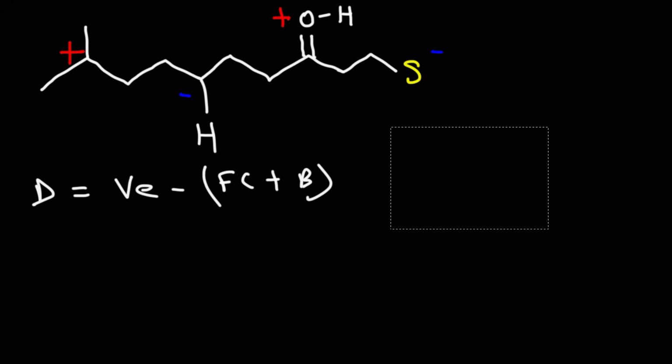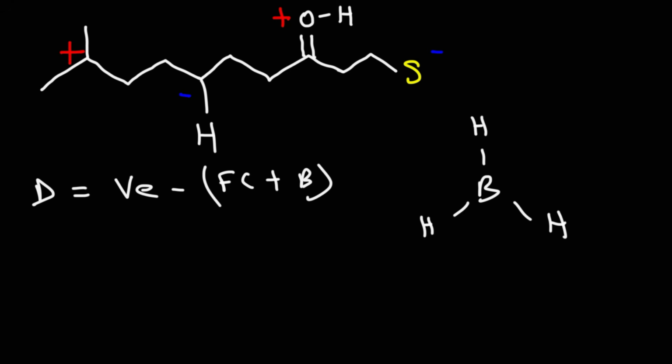Let's look at another example. Borane, BH3. Should we put a lone pair on boron, or is this another molecule with an incomplete octet? Well, let's use this formula to find out. So boron is in group 3A of the periodic table, so it has 3 valence electrons.